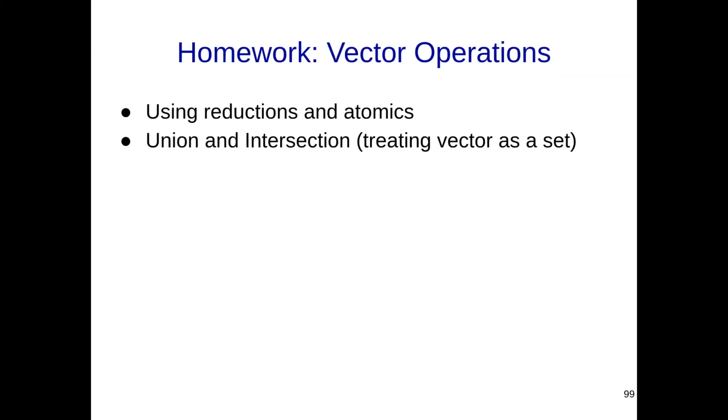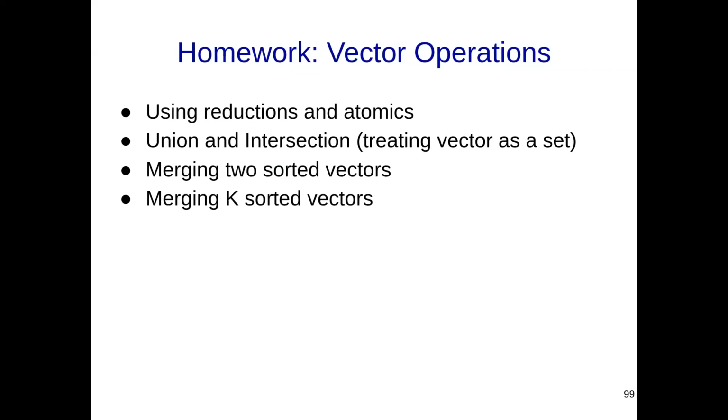Some of these operations may not be very parallel, but these will give you enough hands-on experience with using vectors as well as different clauses. You will get into problems, and while coming out of those problems, you will learn. Another operation, again not very parallel, is merging two sorted vectors or arrays, which we do regularly in the context of CPUs. You might want to try doing that on the GPU and see what happens. And again, the surprises will probably teach you.